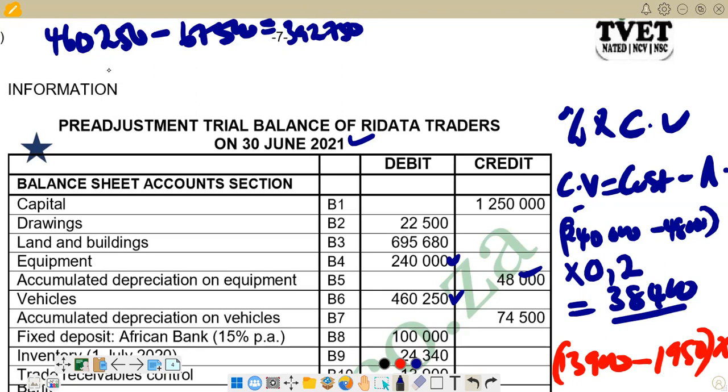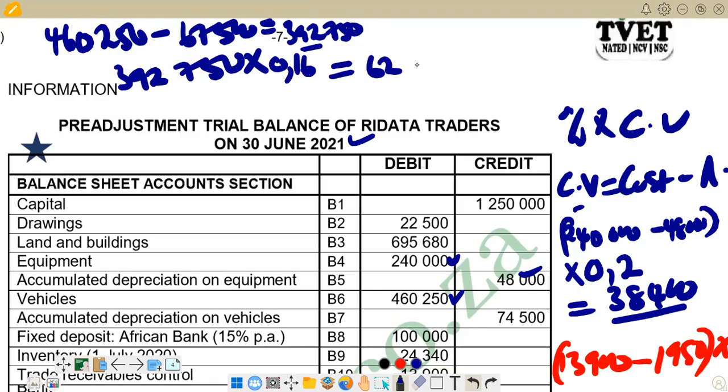These are the vehicles that stayed for the whole year. So we say 392,750, then we multiply by the percentage that you are given, which is 0.16. 16% as a decimal becomes 0.16. Then you get 62,840. So this one represents depreciation for those vehicles that stayed for the whole year.